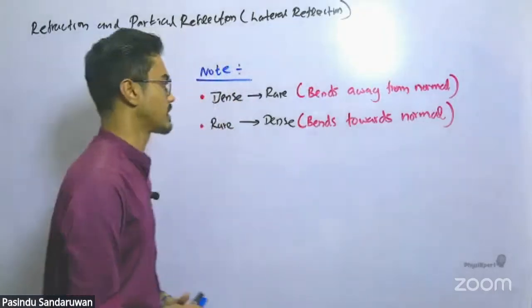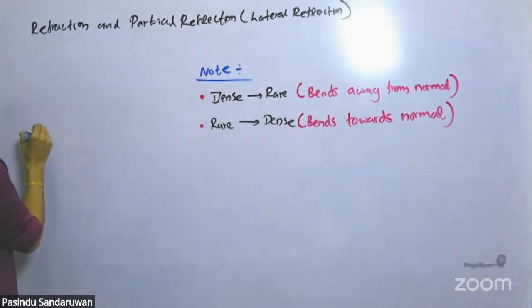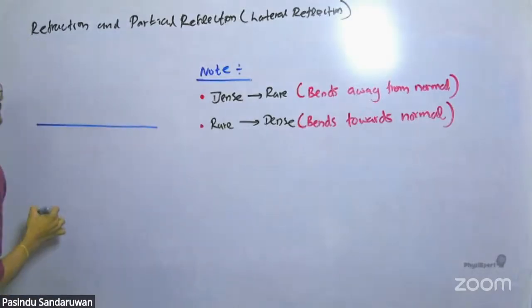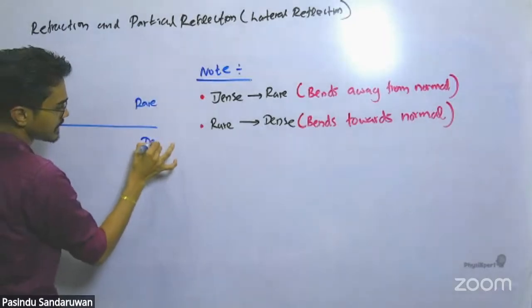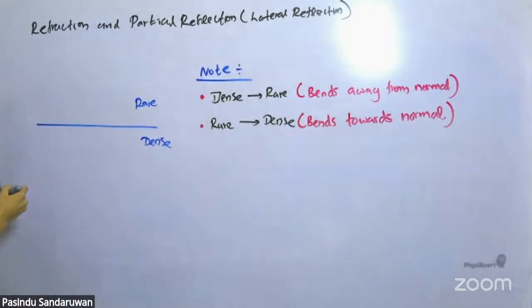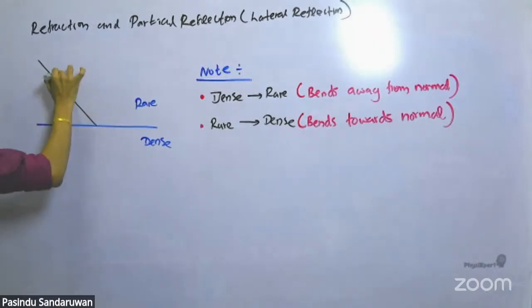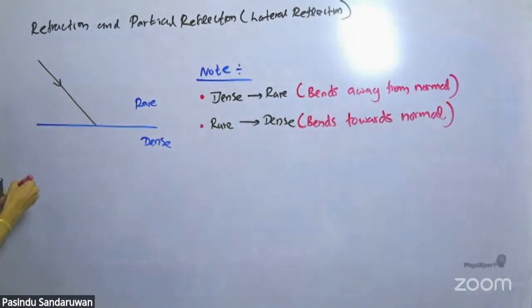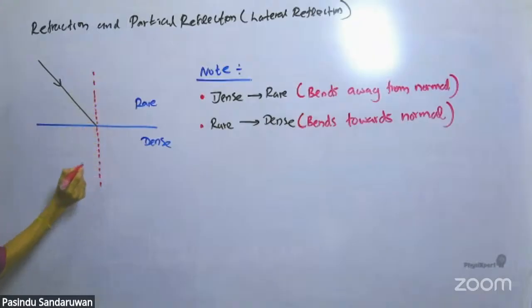Listen now. Look at the board. Say these two are two different media. This one is a rare medium and this is a dense medium. A light ray travels from the rare medium to dense medium, and this is the normal drawn at the point of incidence.